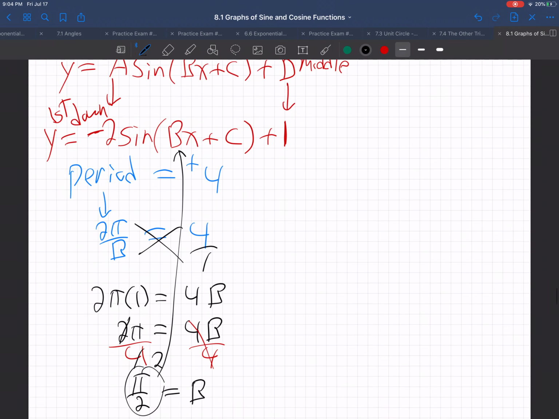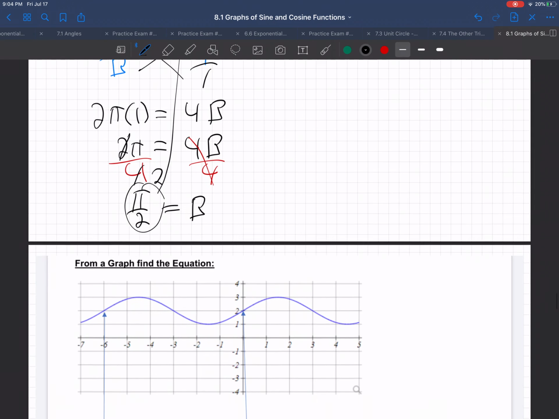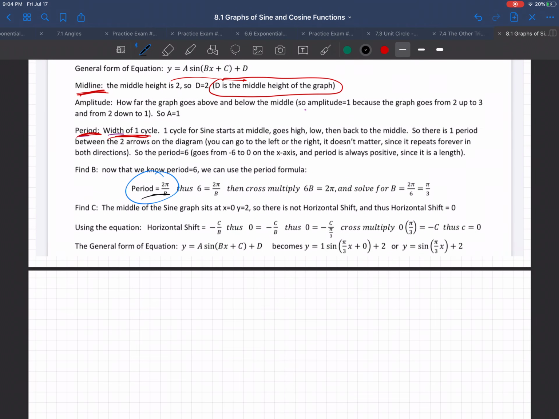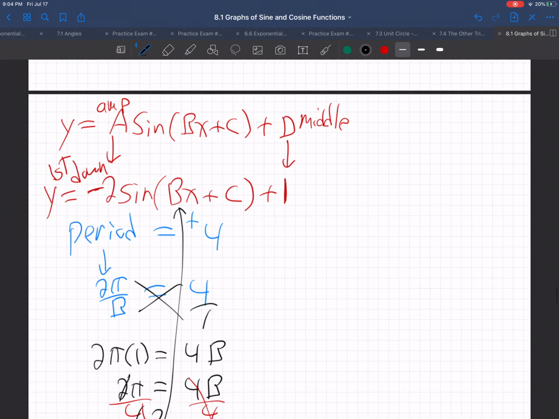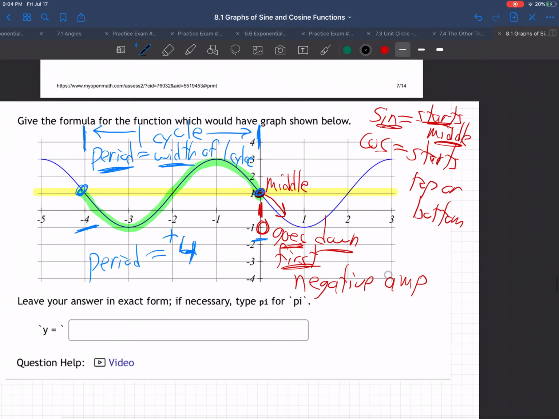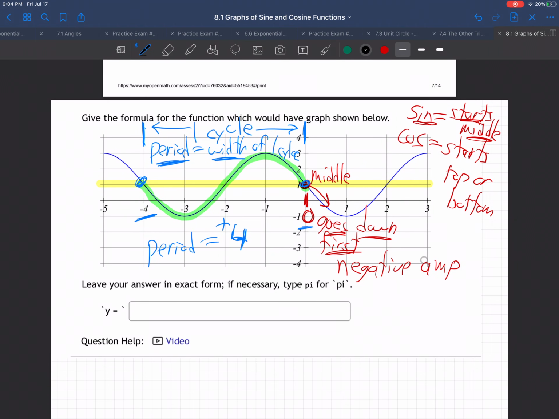Now, last thing we need is c. How are we going to get c? Come on down here. So we got b. To find c, the middle of the sine graph, so there's no horizontal shift. So let's talk about horizontal shift. This graph we're looking at has no horizontal shift. What do I mean? Well, here's where it starts, which is right on 0. If that middle was off of 0 a little bit, let me give you an example.